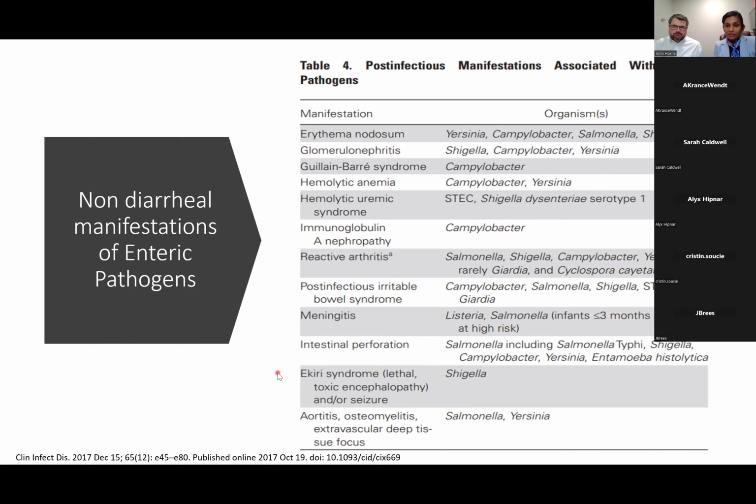Meningitis is one thing, Listeria and Salmonella. Salmonella can cause meningitis in young babies, but also in immunosuppressed and other people too, especially Salmonella typhi. But Listeria, of course, you all know, can cause meningitis.